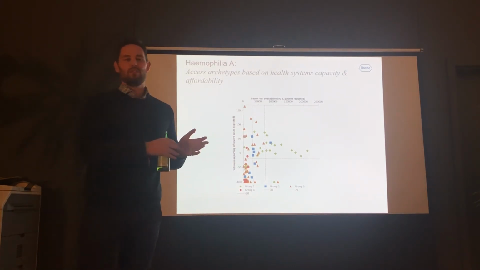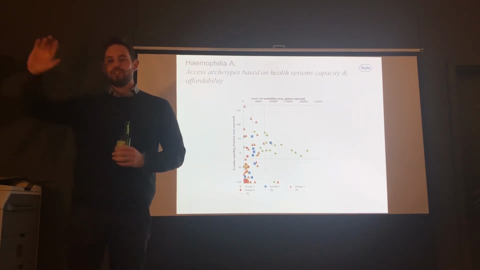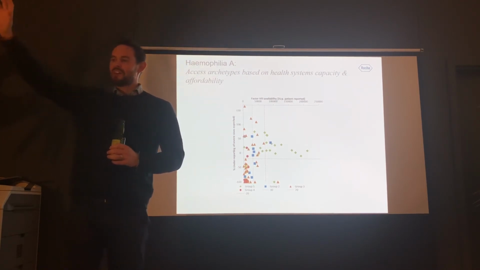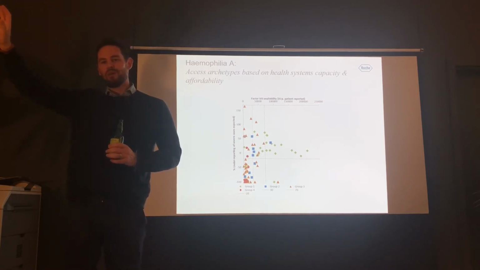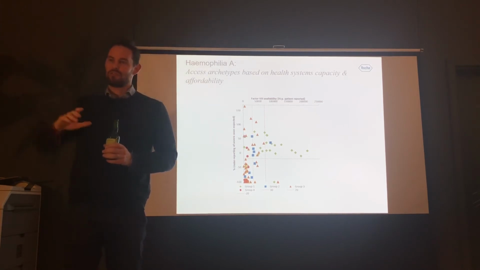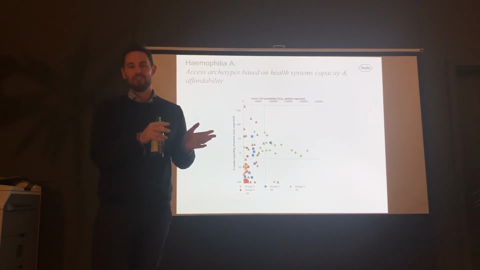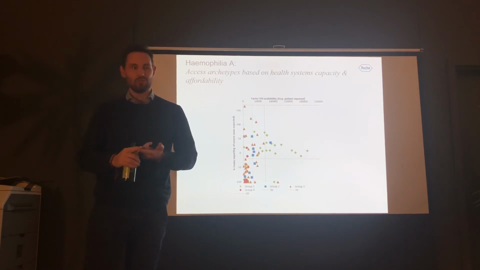You can think that there's a wide spectrum of problems, right? There might be countries that diagnose and identify patients quite well, but maybe they don't have enough money. They have a money issue, but otherwise the health system works. On the other end of the spectrum, we have completely dysfunctional health systems, where they're not going to be able to diagnose, they're not going to be able to treat, they don't have money.